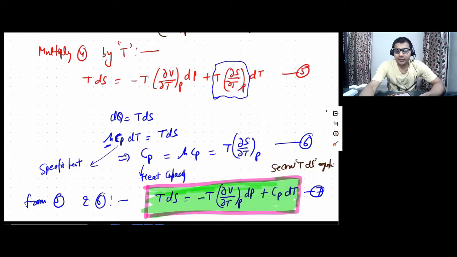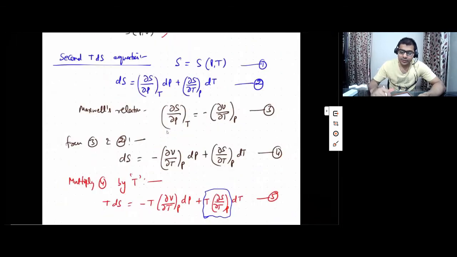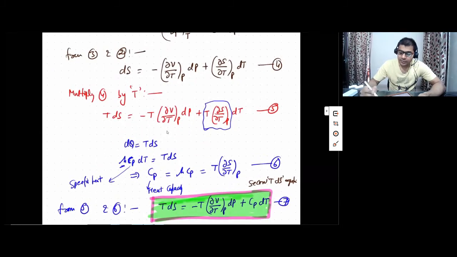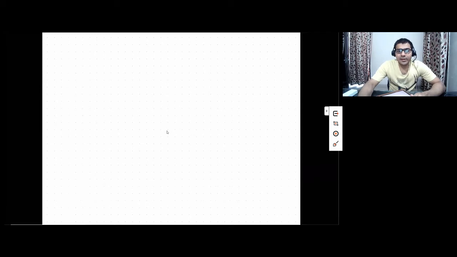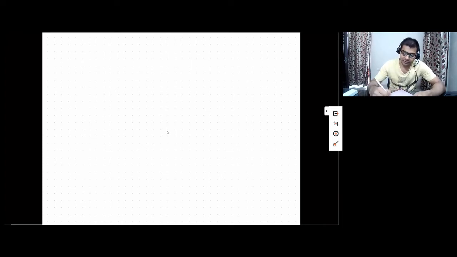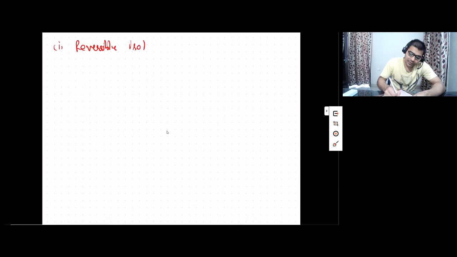Okay, so now we'll come to the very interesting application of this. So far we have talked about the derivation part. Now we'll come to the application part. It has very important application, especially in the case of two particular kinds of processes. Number one is the reversible isothermal change of pressure.